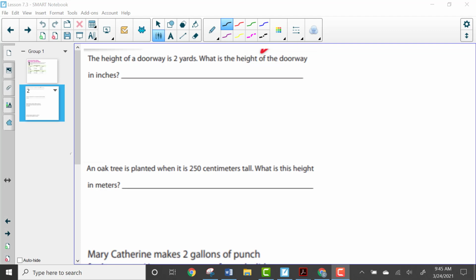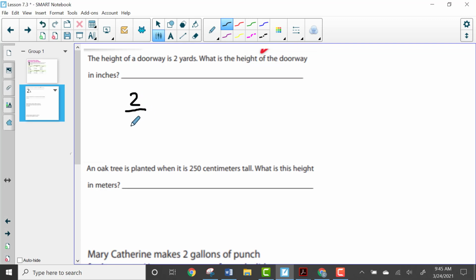So let's look at the problem on page 187. The height of a doorway is 2 yards. What is the height of the doorway in inches? Again, we can refer back to our chart on page 186 to set this up as a proportion and also use unit rates. So we have 2 yards.